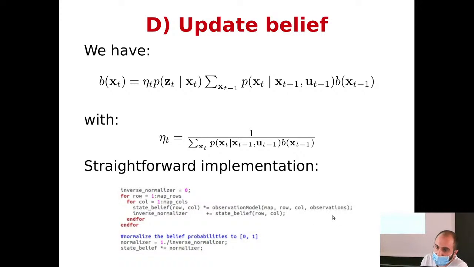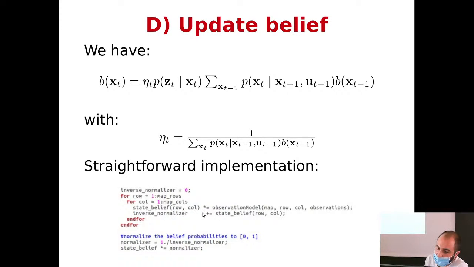So bumper 1 is up, bumper 2 is 0, and so on. And then I output a probability value between 0 and 1, and then I scale the state belief at index row and column. So I do a for loop over my representation of the state, which is a table. For each of these cells, I evaluate the observation model using the current observation, and these values are used to scale the corresponding state belief.